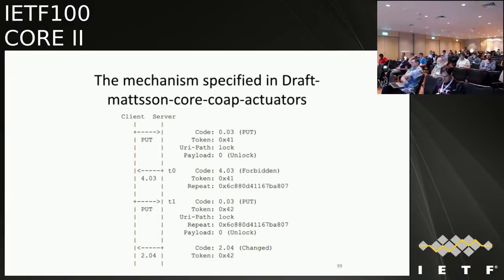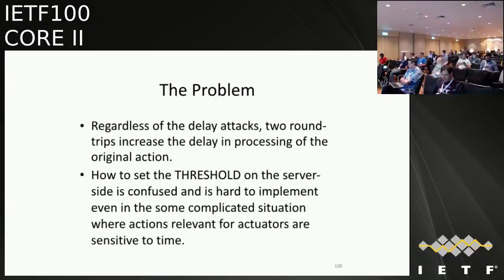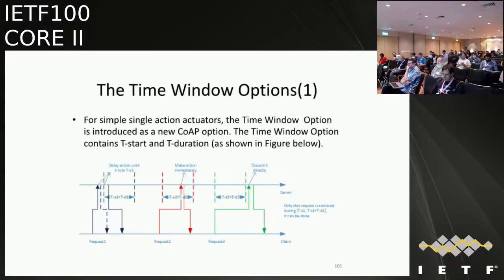And if we set it too large, I think some of the delays may not be discovered. So that's the main thing that confuses me. So we propose another mechanism to resolve the delay attack issue.